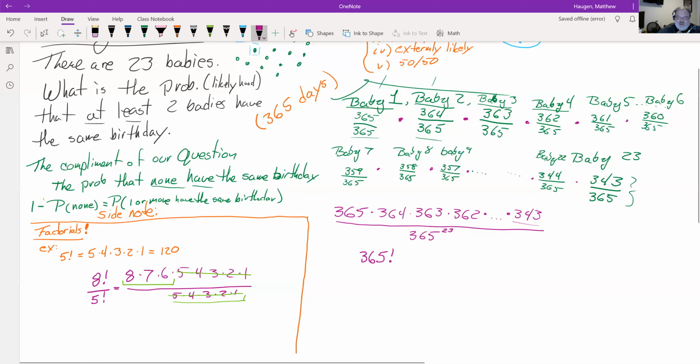So one of the nice ways to write a statement like this is we take the 365 factorial. That's going to be all of the values from 365 down multiplied together. But I don't want the numbers from 342 down. So I don't want anything after 343. So if we put 342 factorial in the denominator, then the 342, the 341, the 340 that are up here in the factorial are canceling with the ones in the denominator, and they're going away.